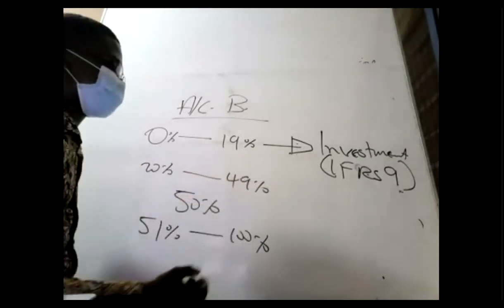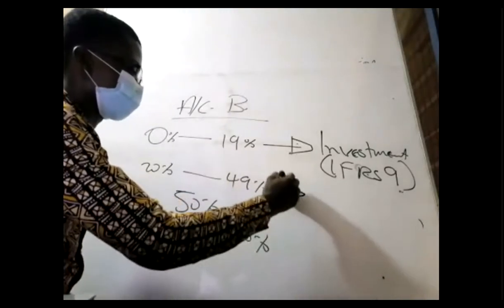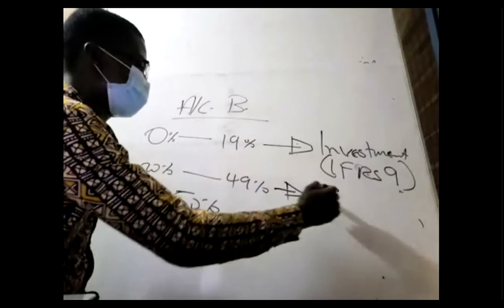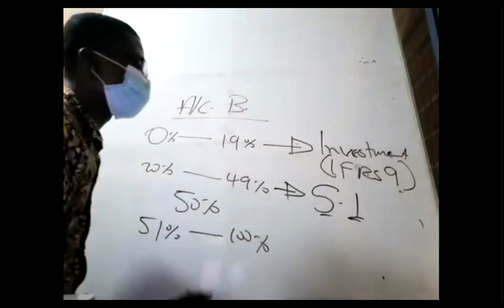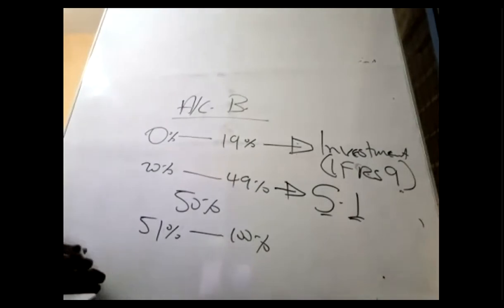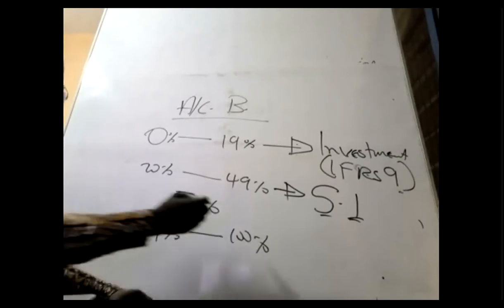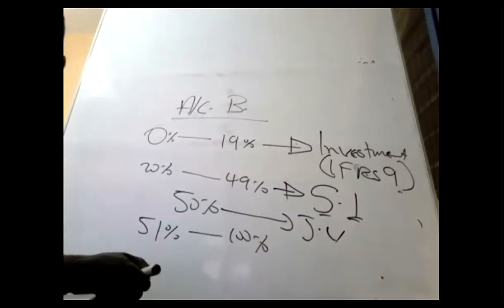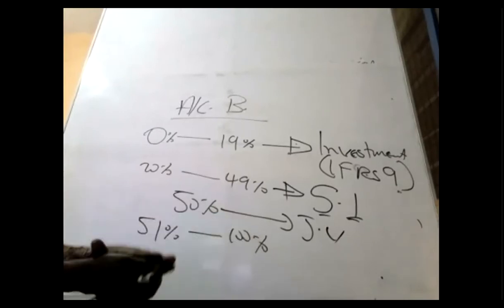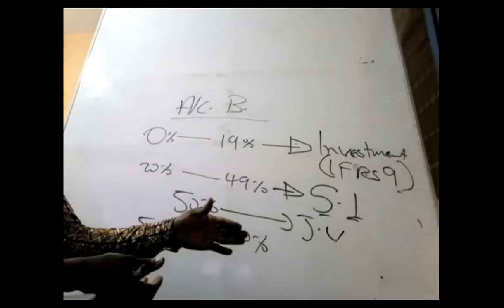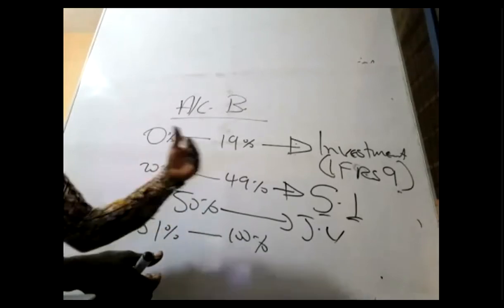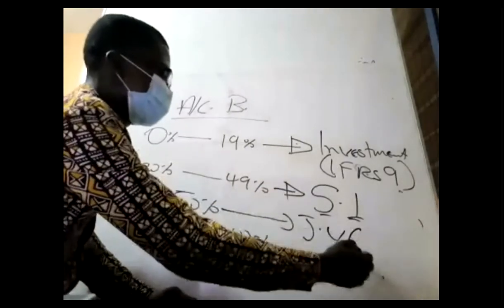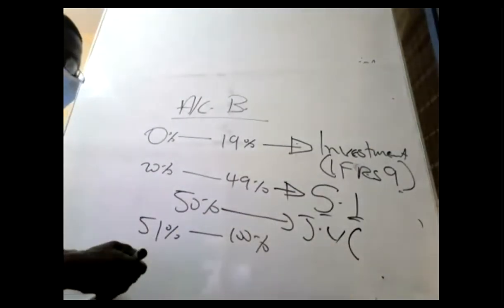That's all. But if you have 20% to 49%, we call it significant influence, and that is associate. If you have exactly 50%, joint venture or joint arrangement, and kindly use IFRS 11, not IAS 28.